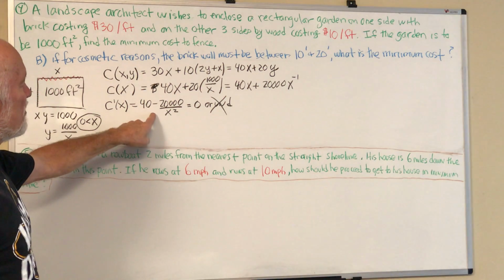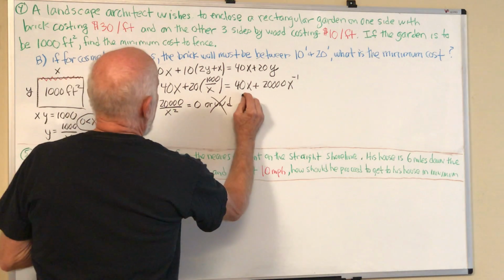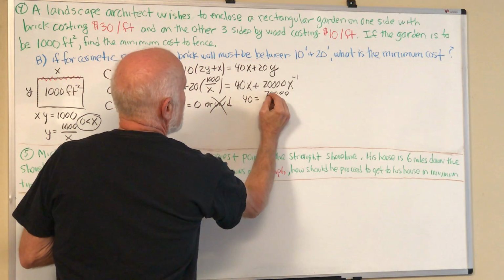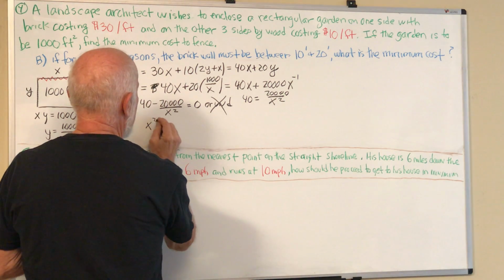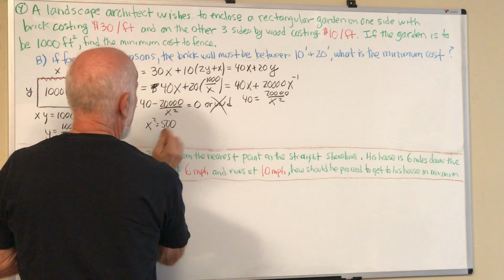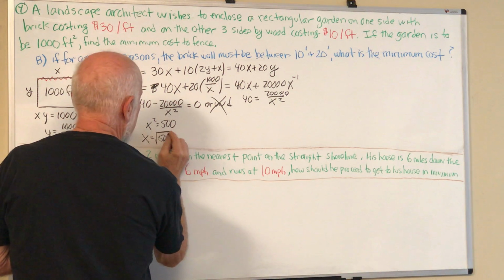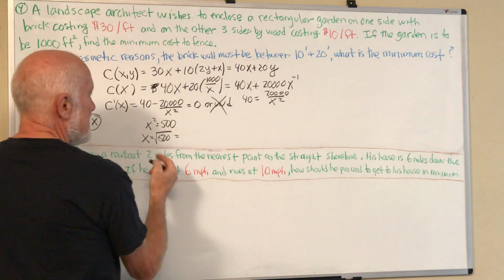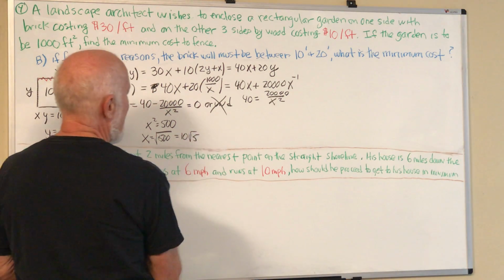But where is it equal to 0? Well, if I do a little bit of algebra, I get 40 equals 20,000 over X squared, or X squared equals 500, or X equals the square root of 500, which contains a perfect square. 10 times 10 is 100, so this is 10 times root 5.